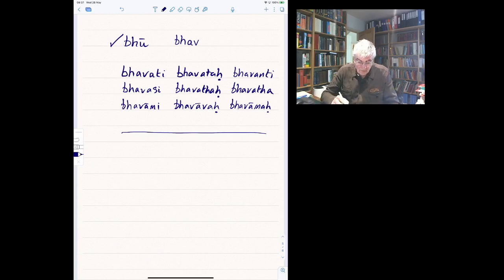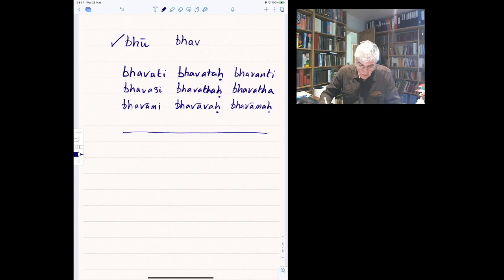So for example, to eat, I write them out in Roman script again. They're in the Devanagari, of course, in our textbook. That is kad. This is a root that does not change to make its present base. So he, she, it eats is just kadati.